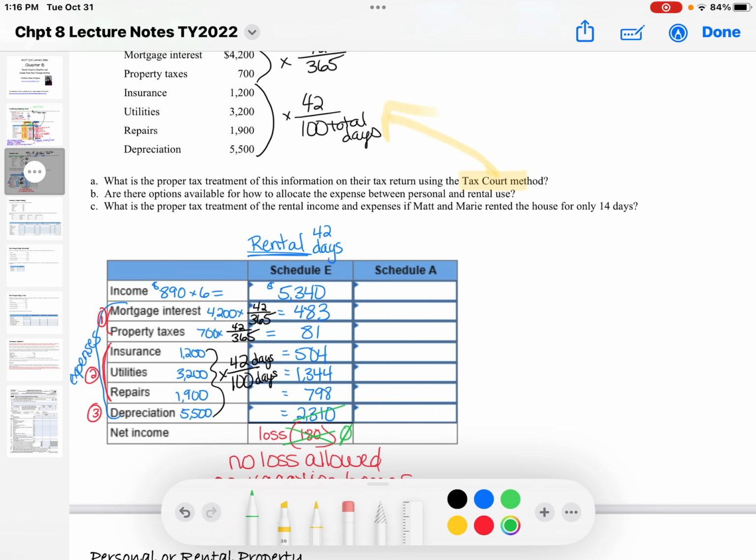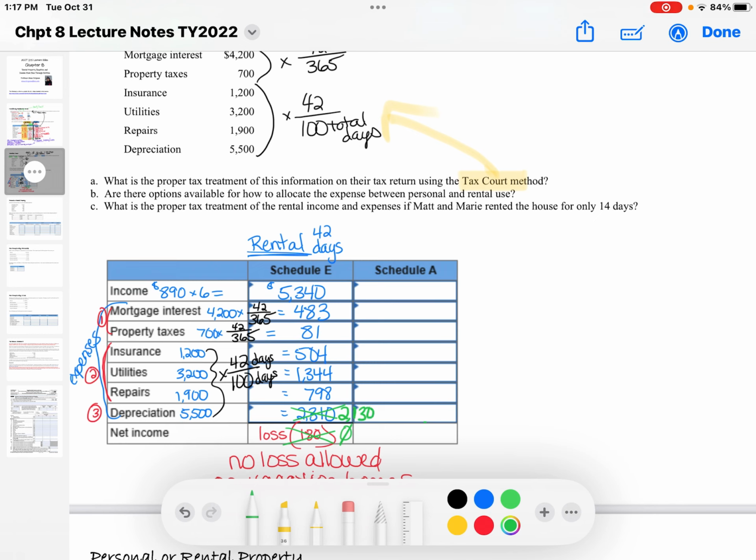I can't have a negative, so it's got to be 0. So I'm going to change this one, my depreciation, to be whatever I need it to be. So I need it to be $180 less. So instead of $2,310, it's going to be $2,130. Let me just change this really quick because it's hard to read.